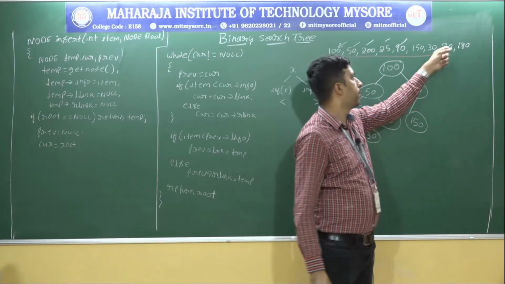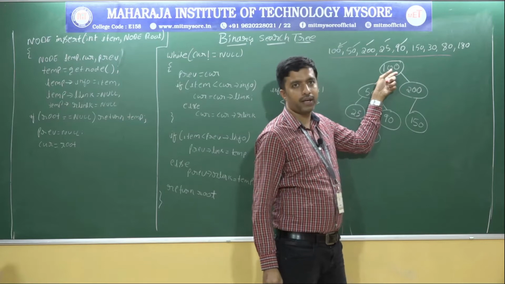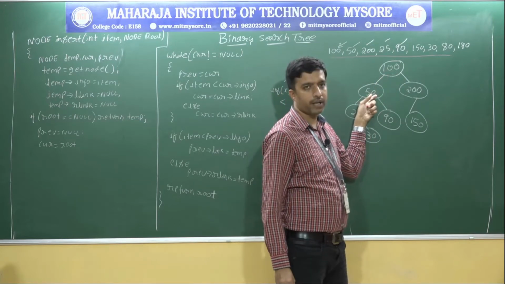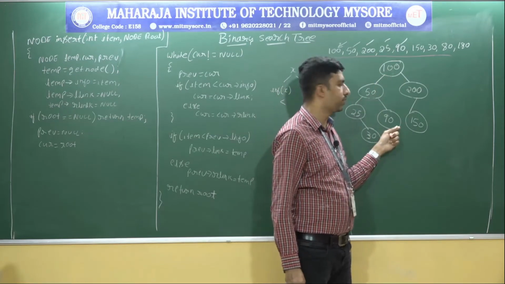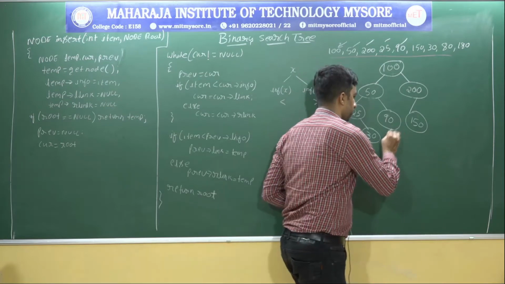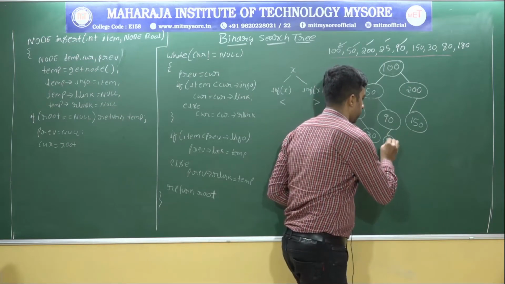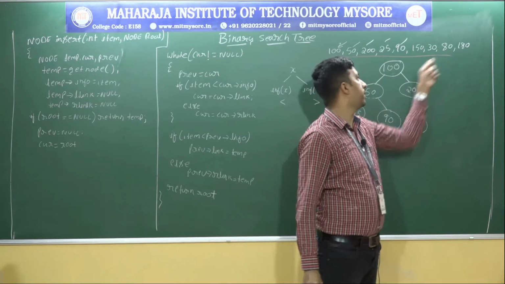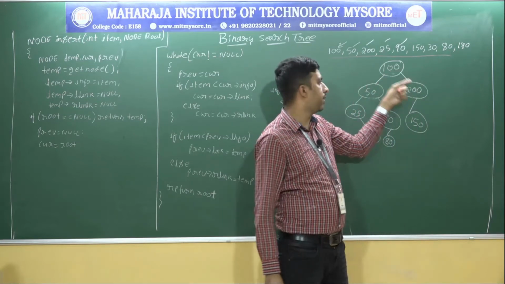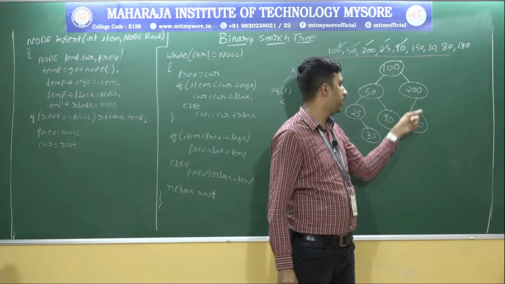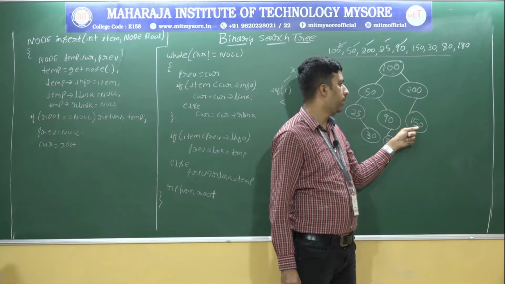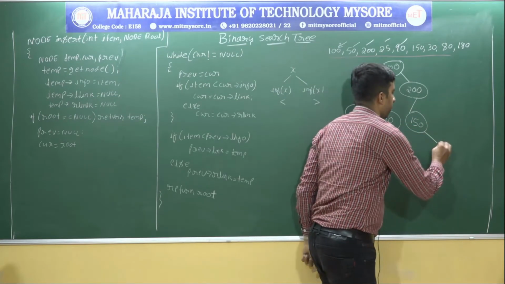Next 80: less than 100, yes, greater than 50, yes, less than 90, yes, so left of it. Next 180: greater than 100, yes, less than 200, go to 150, greater than 150, so right of it.